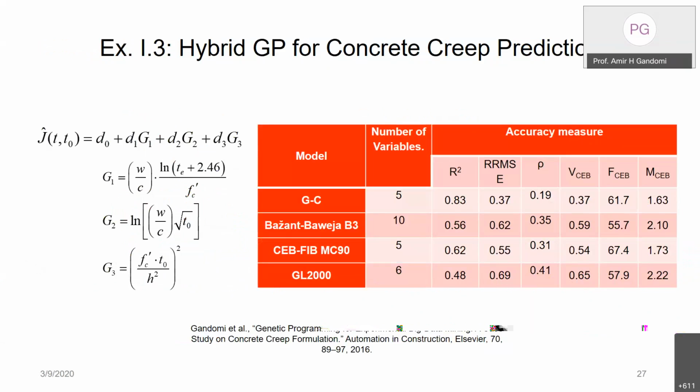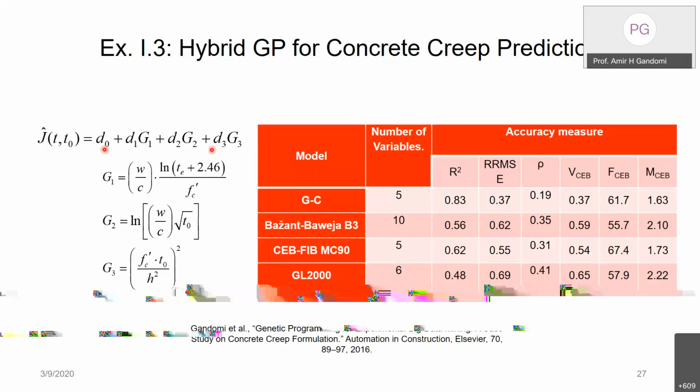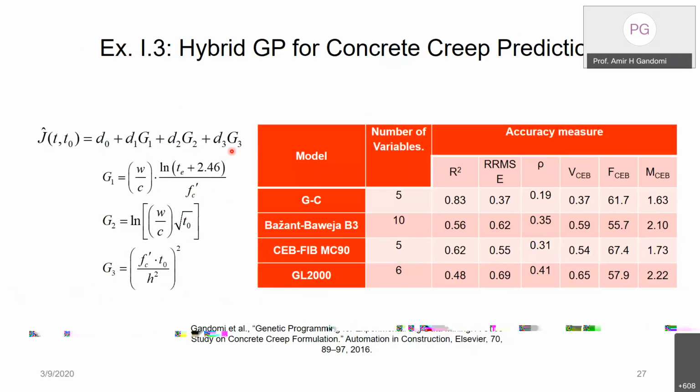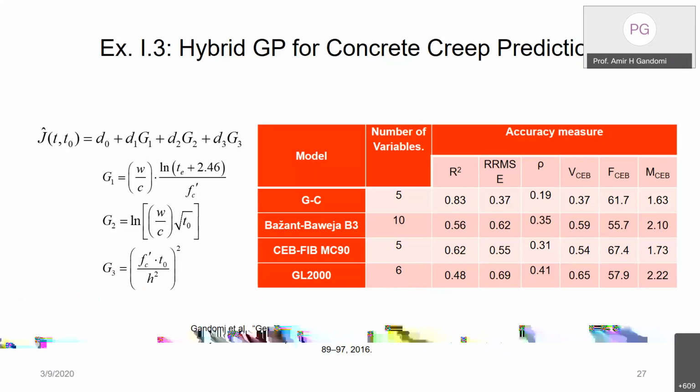And this is another problem which I think is interesting if you work on, for example, complex material problems. So here we use a hybrid of genetic programming and simple linear regression. You can see 3 genes are linearly connected using multivariate linear regression. And this is for concrete creep prediction. And I should say, these are very complex engineering problems.